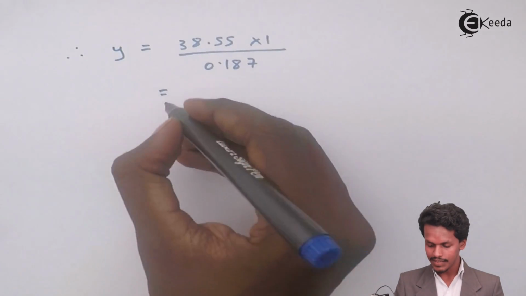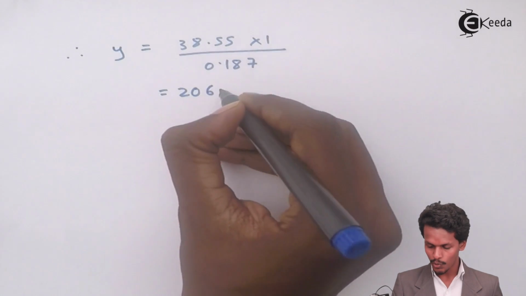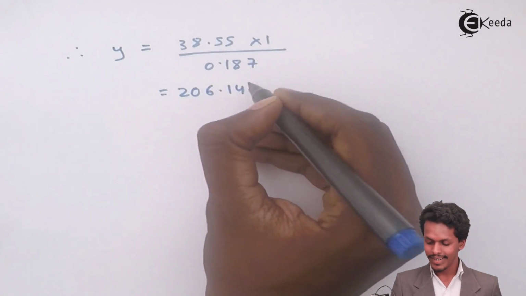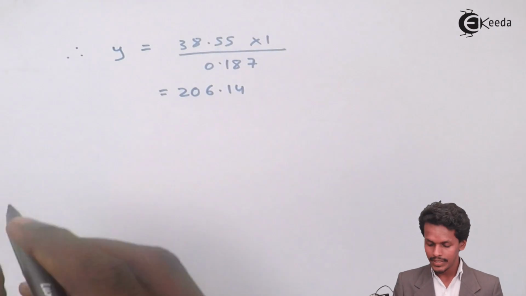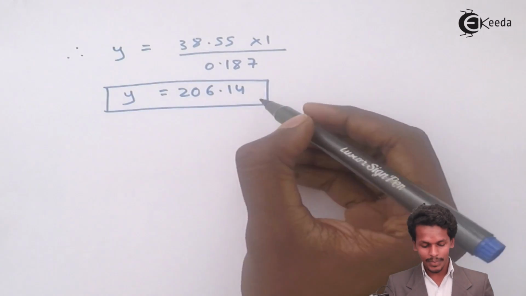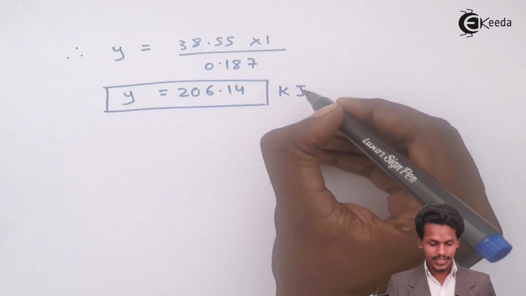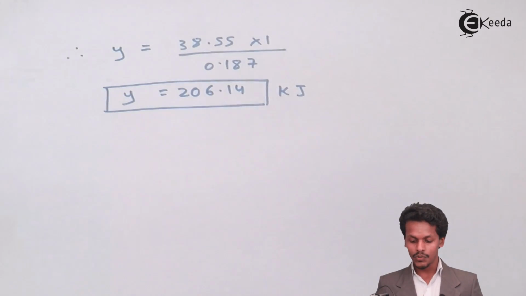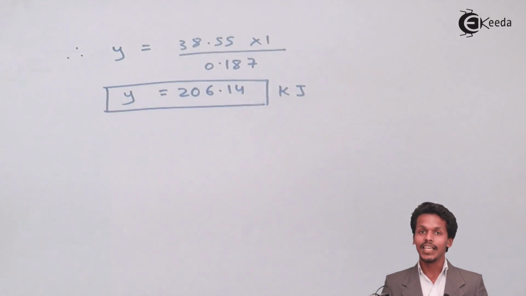We have got the answer as 206.149, or we could say 206.15. The energy will be in kilojoules. This amount of energy we will get for the overall reaction.